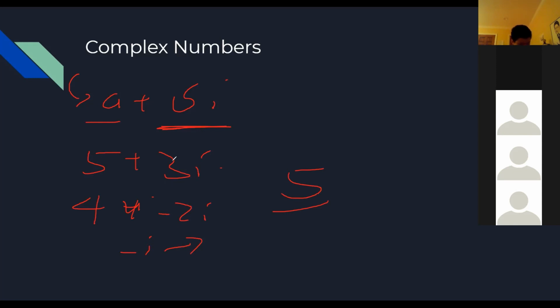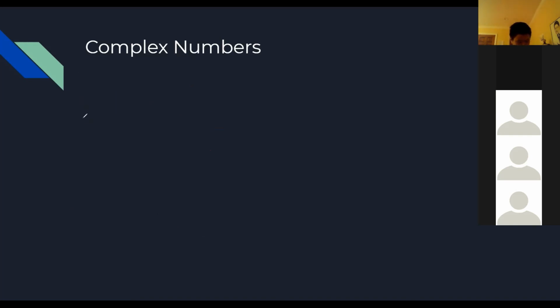So a few things we have to talk about with complex numbers. First off, adding them. We can't add a real number and i together. They are fundamentally different.